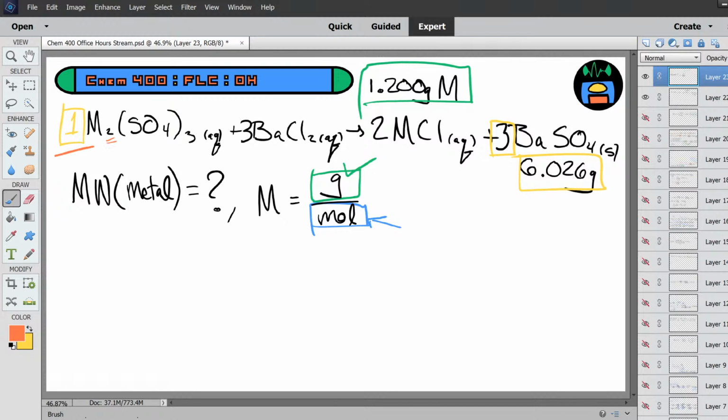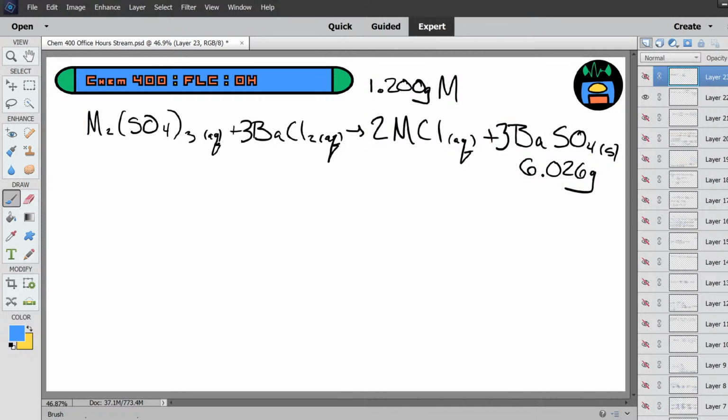So we're going to do a grams to moles, moles to moles, and then moles to different moles calculation to figure out how many moles of metal there are, and that is the denominator that we're looking for here. All right, so that's our game plan.